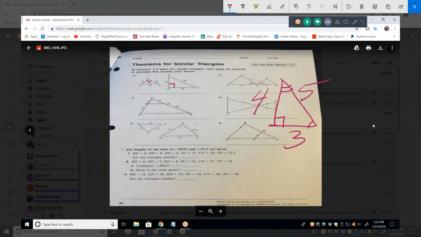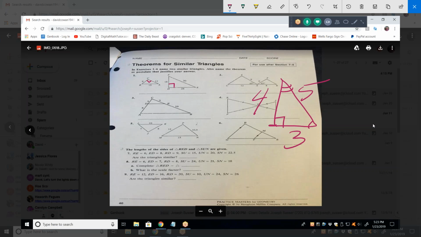Actually, angle, angle is the only postulate I've ever heard of for proving similarity. I guess side, side, side also does it. But you'd have to prove that the ratio of each corresponding side is the same in all cases here.